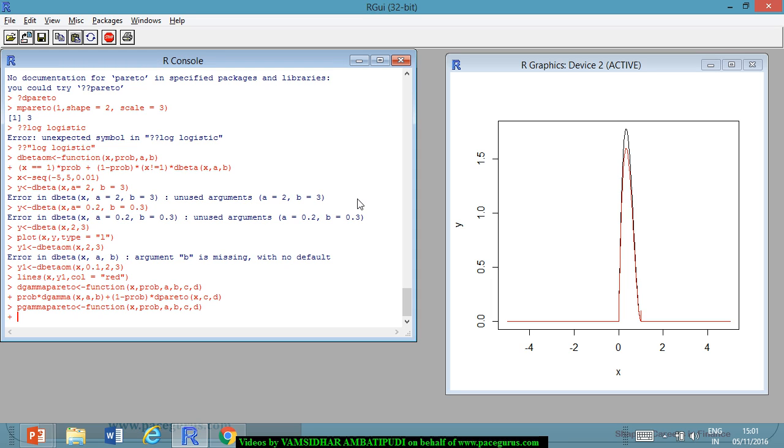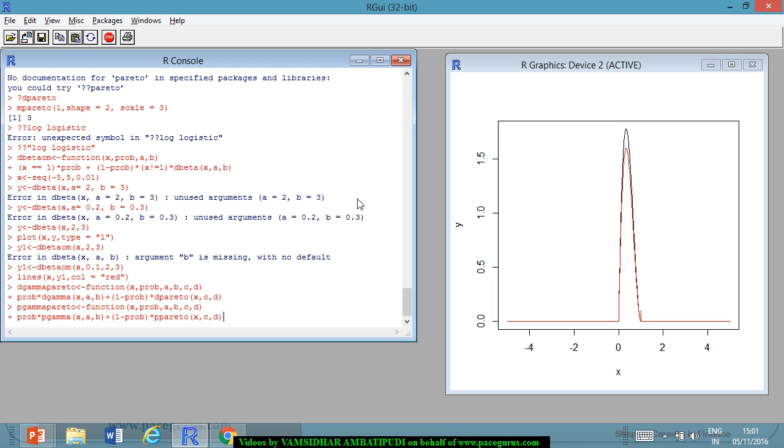Even here I will simply take prob multiplied by pgamma of x, a, b, plus 1 minus prob multiplied by ppareto of x, c, d.